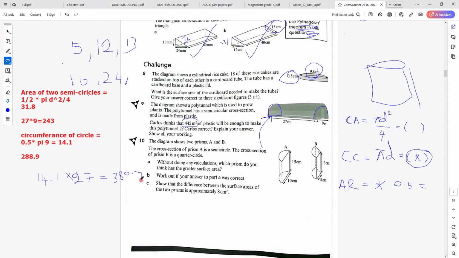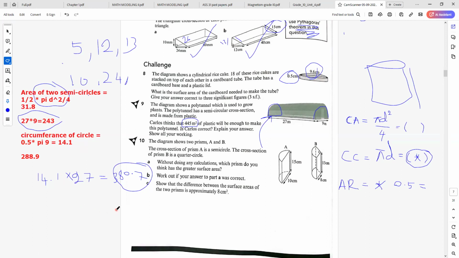Now what I have to do is add the area of the two semicircles, the area of the base and the area of the curved plastic. Now the answer would be 31.8 plus 243 plus 380.7, which will be equal to 655.5.